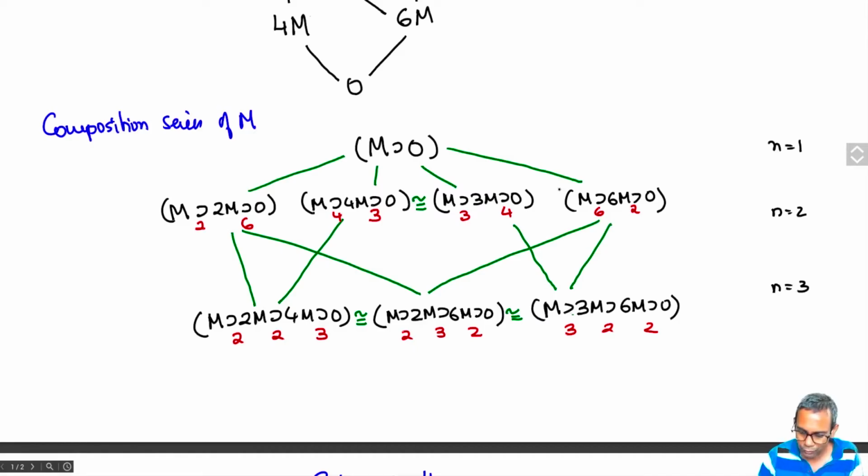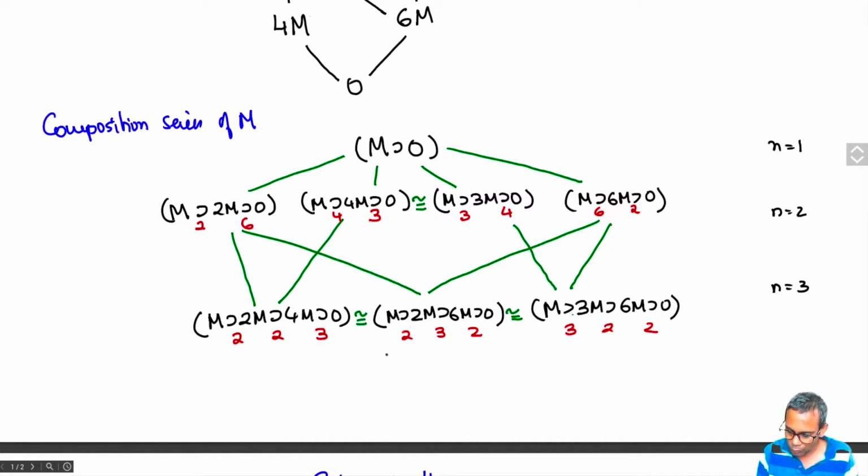So we have two equivalence classes for composition series with n equals 2, and a single equivalence class for composition series with n equals 3. In fact, the statement that all the composition series of the longest length, which turn out to be Jordan-Holder series, are all equivalent, is the Jordan-Holder theorem.